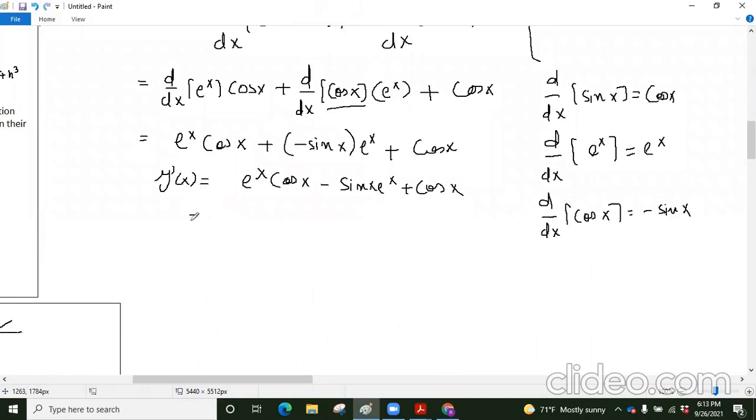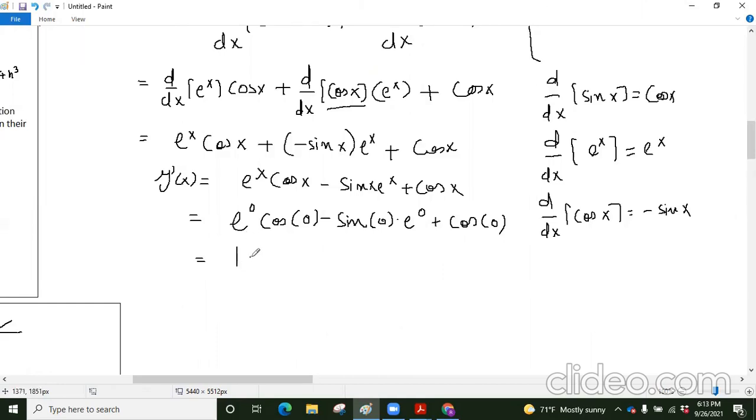So we'll take e to the 0 cosine of 0, minus sine of 0 multiplied by e to the 0, plus cosine of 0. e to the 0 is 1 because any number to the 0th power is 1.